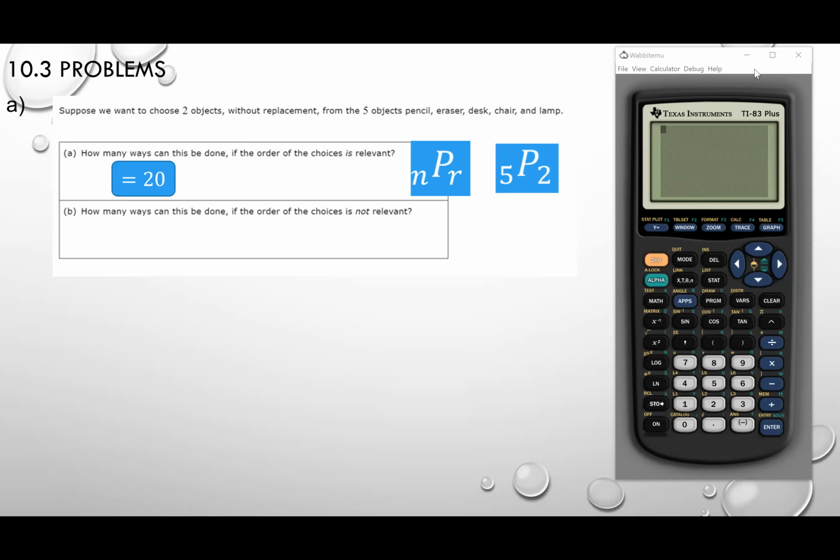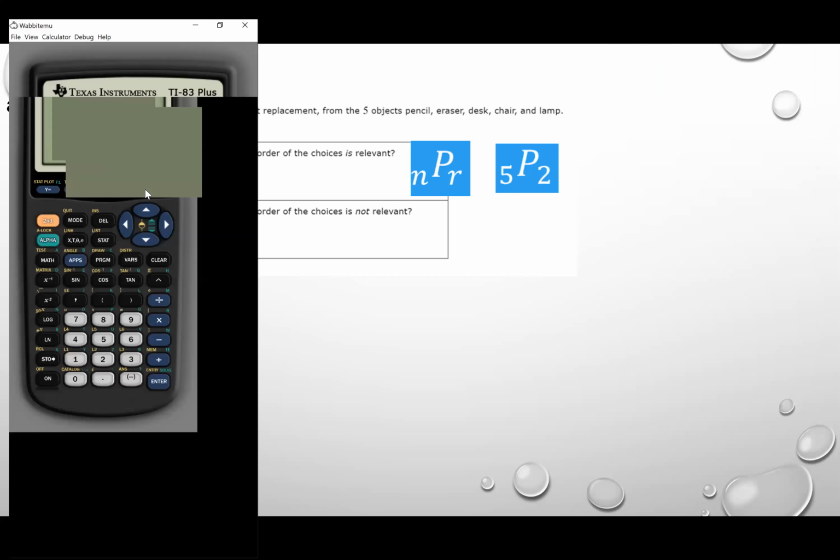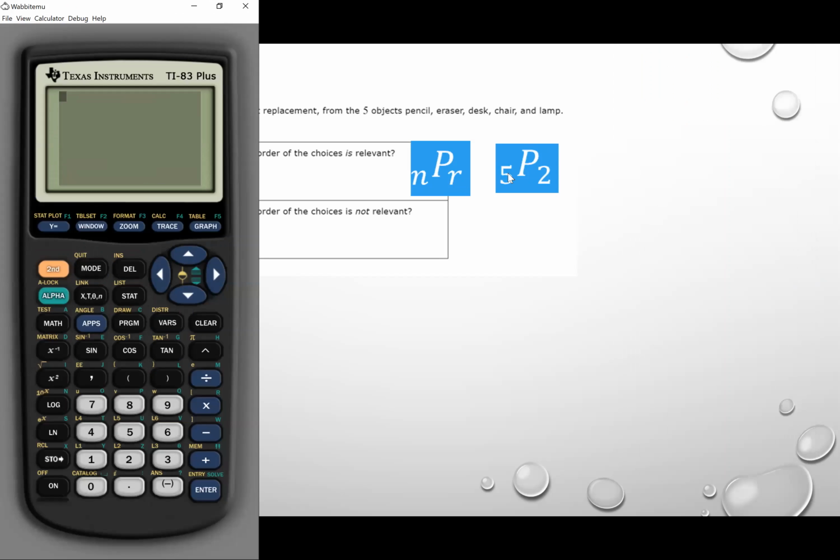All right. So if you have this TI-83 calculator, in order to type in 5P2, ladies and gentlemen, you need to type in 5 and you hit math. For the 83, you hit math and then you scroll over to PRB, which stands for probability.